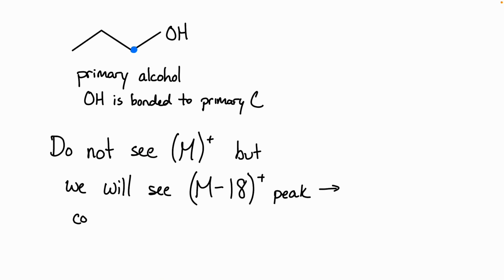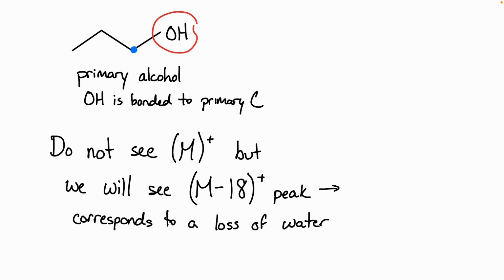This right here corresponds to a loss of water. All right, 18 is the molar mass of water. So it turns out that what happens is this OH group right here gets super mad and flies off, but it ends up taking a hydrogen with it.